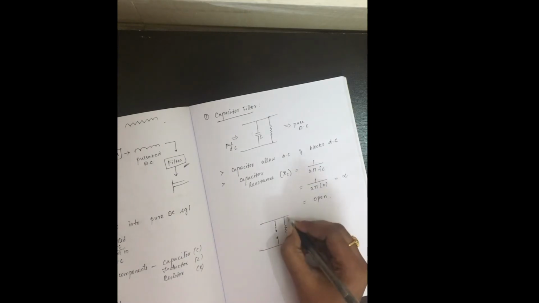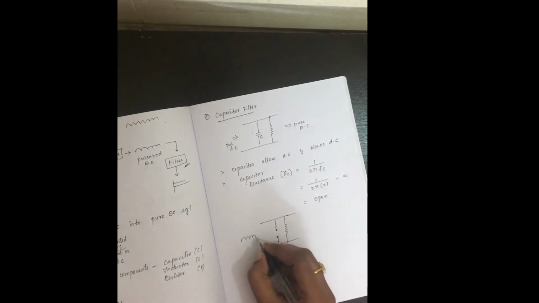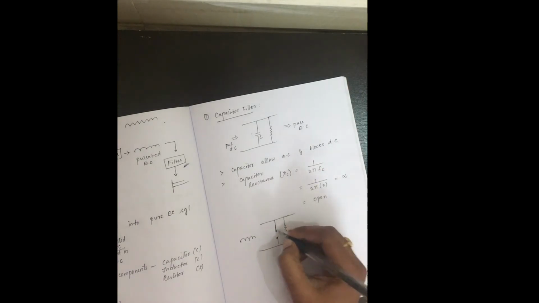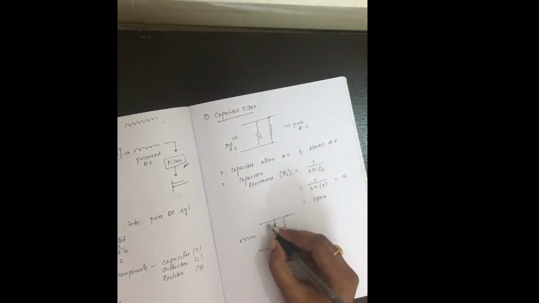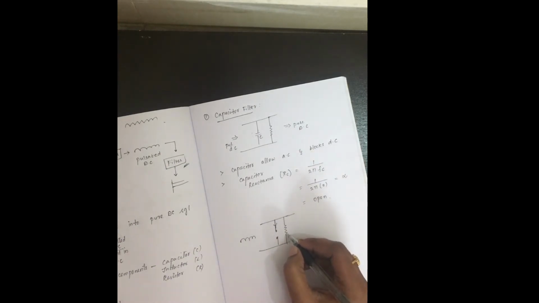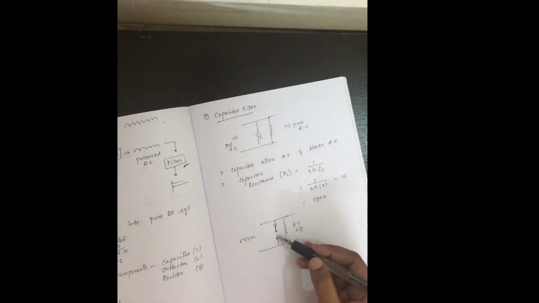When a pulsating DC signal is applied, no signal will pass across the capacitor, and the DC will flow across the resistor and hence we will get a DC output.